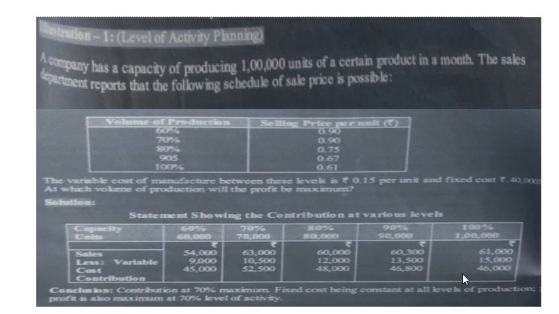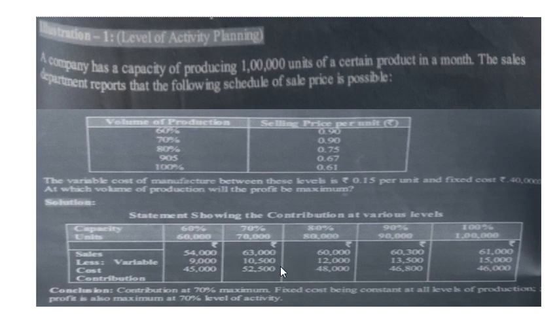So looking at this, the level of activity which generates more contribution will be taken into consideration. If you look here, for 60, 70, 80, 90 and 100, 70% generates more contribution, which leads to more profit.